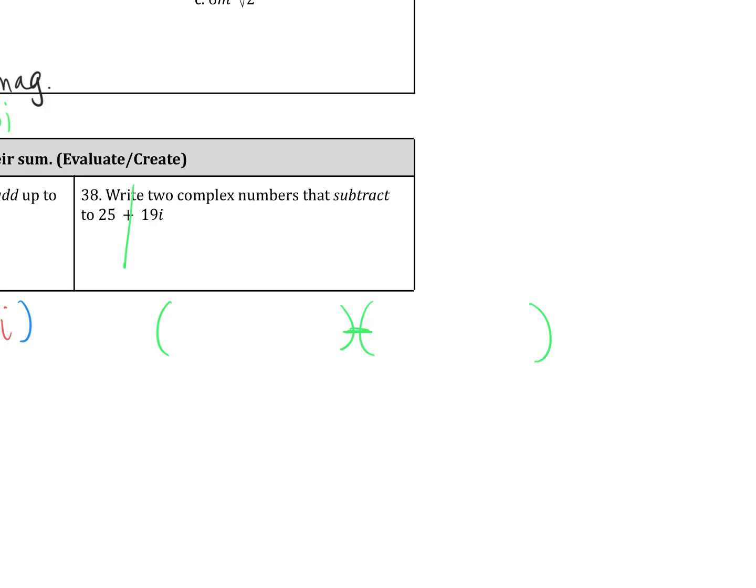I'm just going to pick a number to start with. I'm going to start easy. Maybe go by fives. So 30 minus 5 would give you 25. Okay? That's one way. You could do any numbers there. And then for 19, I'm just going to keep it real simple.